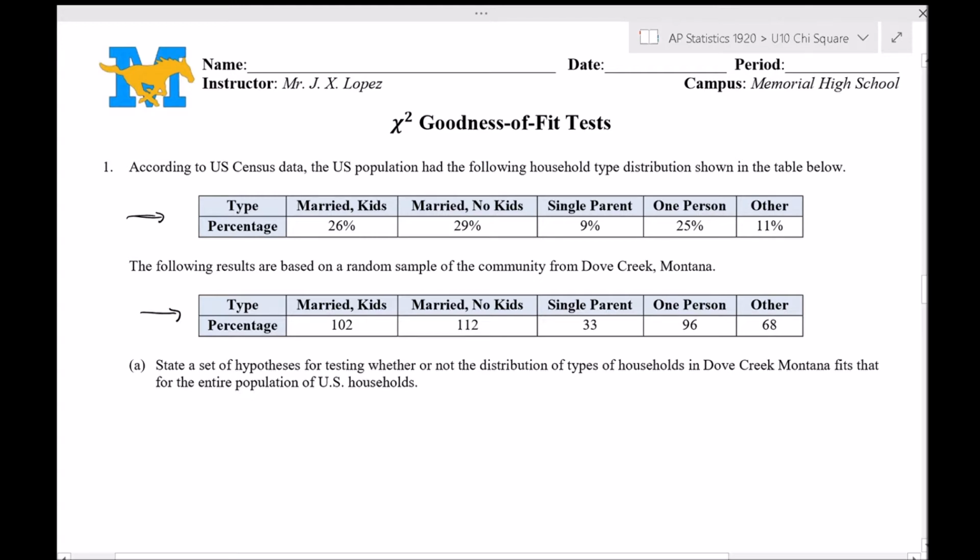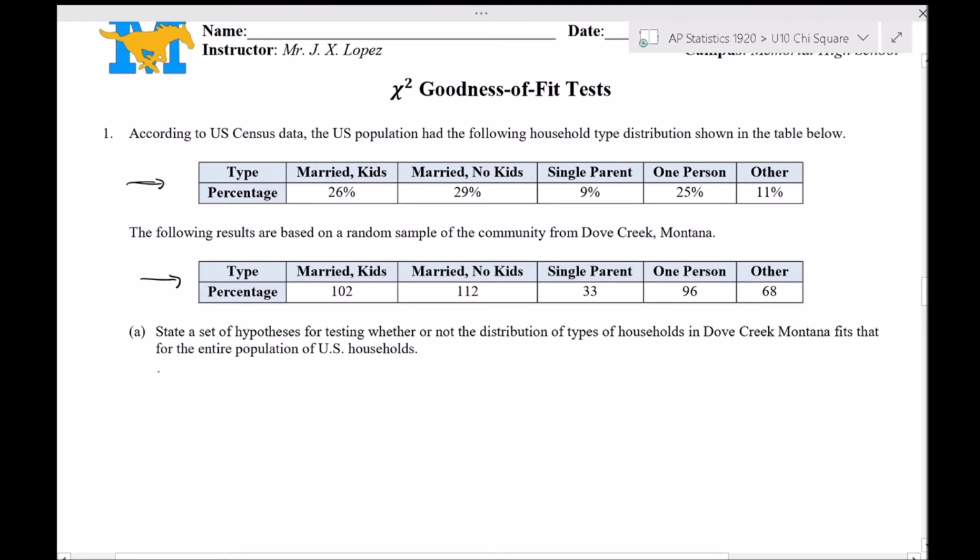So the null hypothesis is that the Dove Creek, Montana household distribution looks like the one for all of the United States. So that's my null hypothesis.